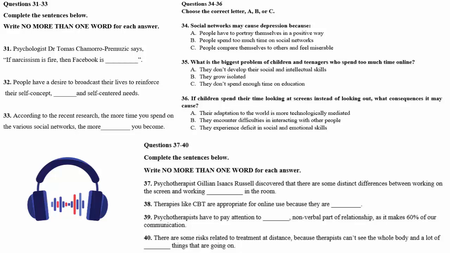So people wouldn't have gravitated towards Facebook or Instagram or Twitter or Snapchat if they hadn't been narcissistic in the first place, by which I mean, if they hadn't had this desire to broadcast their lives, to behave like celebrities and share personal information about themselves as if it's really interesting, and also seek positive feedback from others that reinforces their self-concept and self-esteem and perhaps self-centered needs.